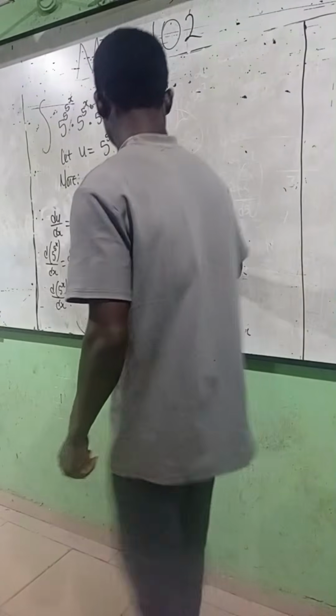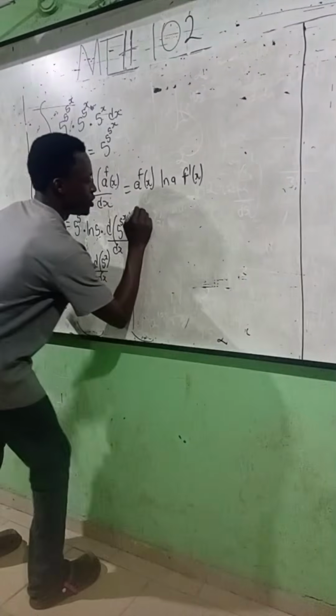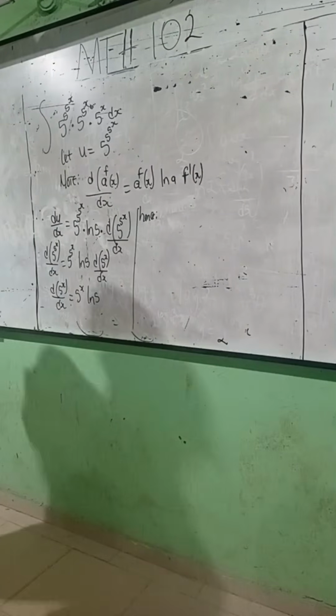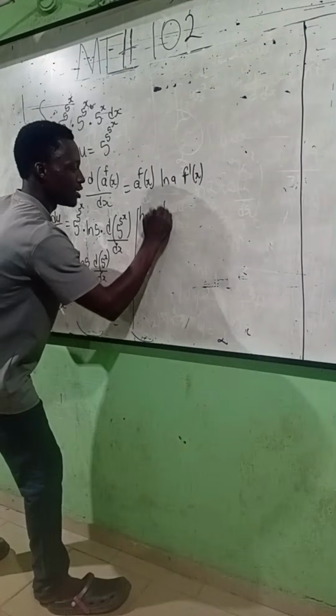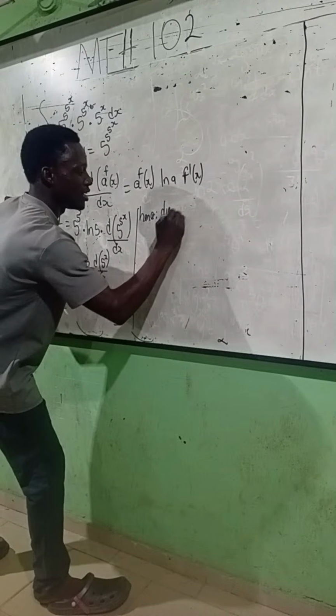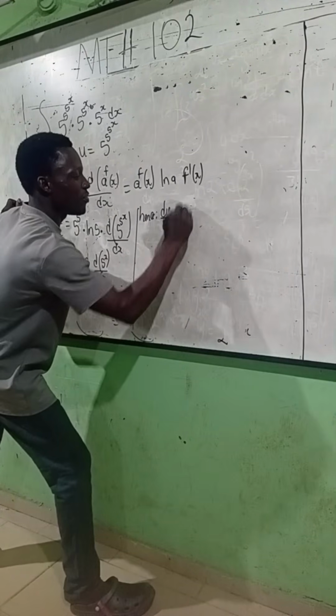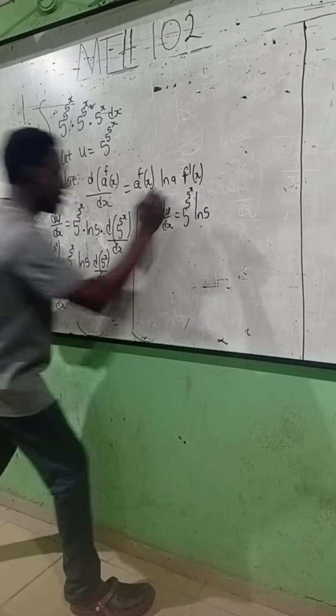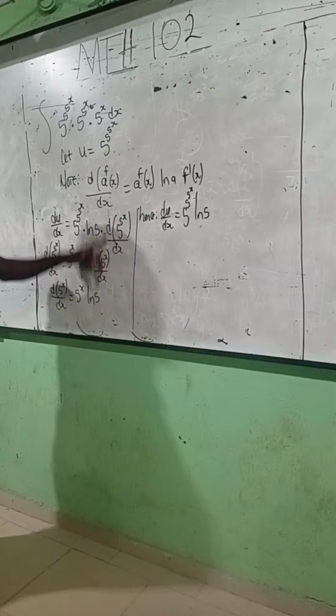Hence, now let's write our du in full. Hence, I hope nobody is complaining yet. du over dx equals 5 raised to the power 5 raised to the power 5 raised to the power x, ln 5. Now what is the derivative of this guy?